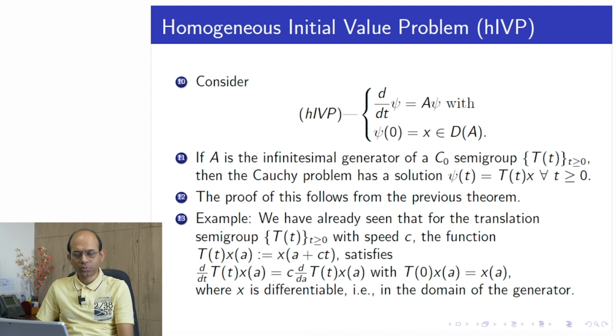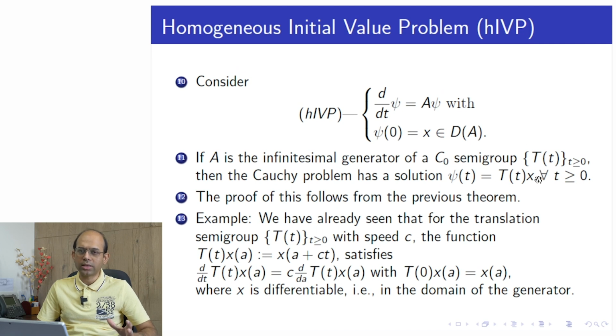And even if x is not in the domain of A, Tt x is still well defined, because Tt is defined on the whole Banach space capital X. That would not be a solution, but would be a candidate for the solution.